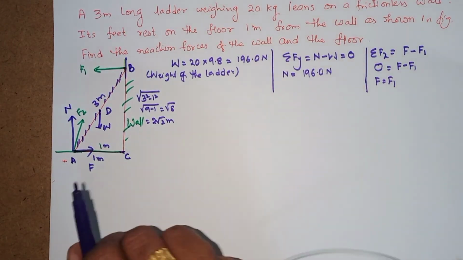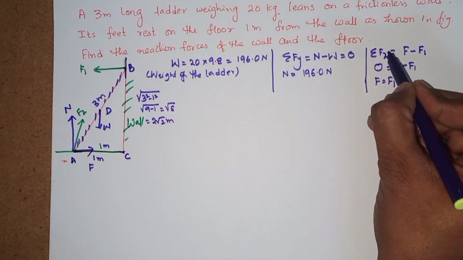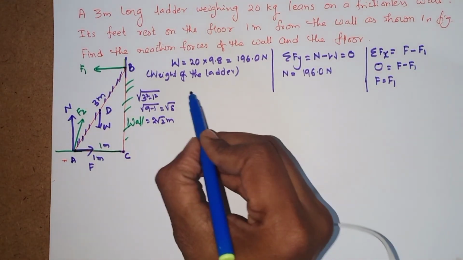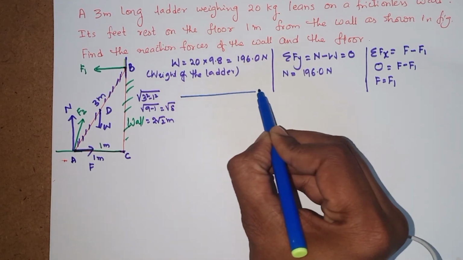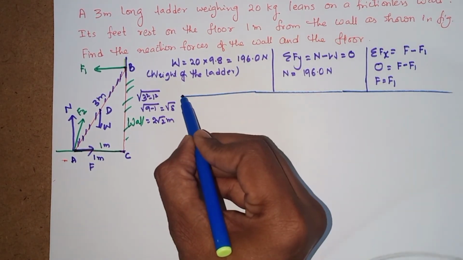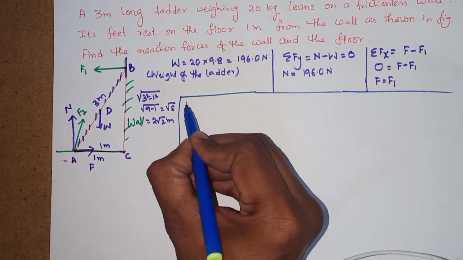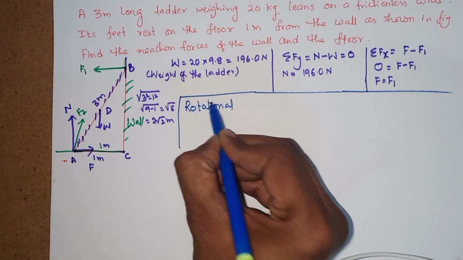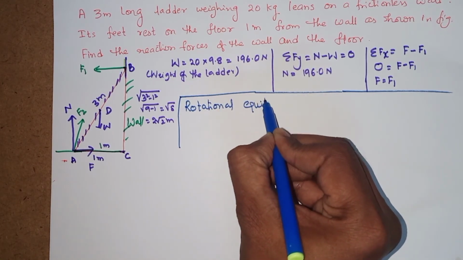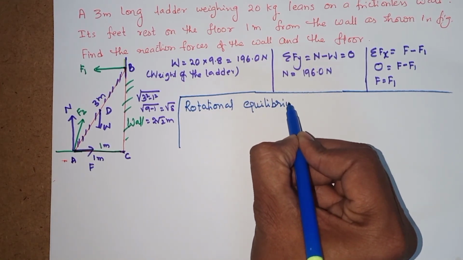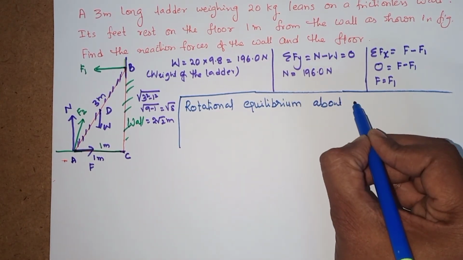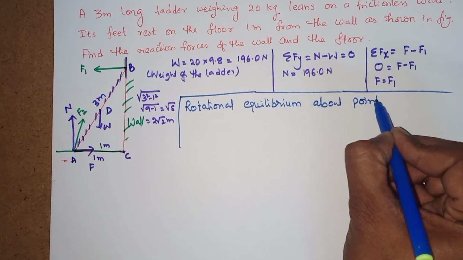So we obtain two relations from sigma Fx and sigma Fy. Now coming to rotational equilibrium. How to solve this rotational equilibrium? About point A, we will calculate about point A first.